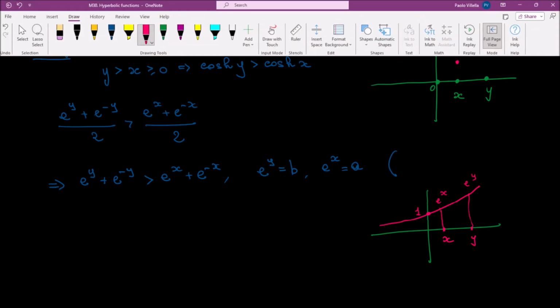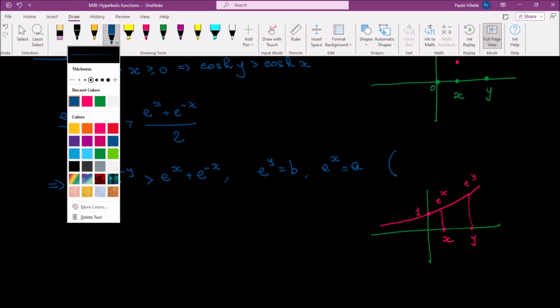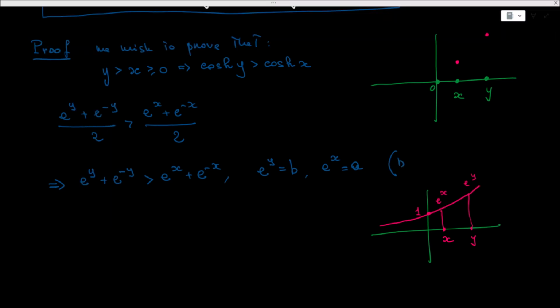So we can write that b, which is e to the y, is larger than a, which is larger than or equal to 1. Good. Now let's replace e to the y with b and e to the x with a.